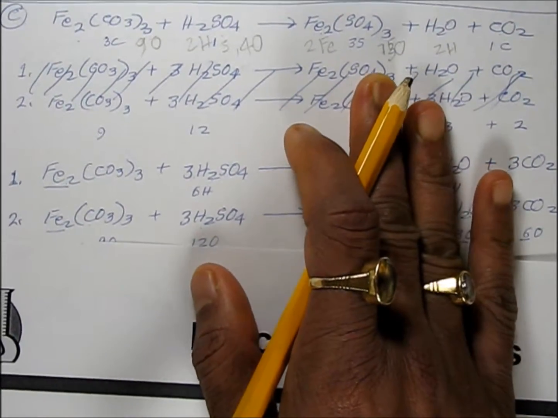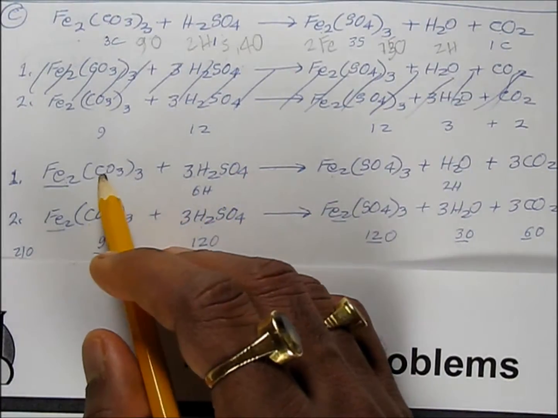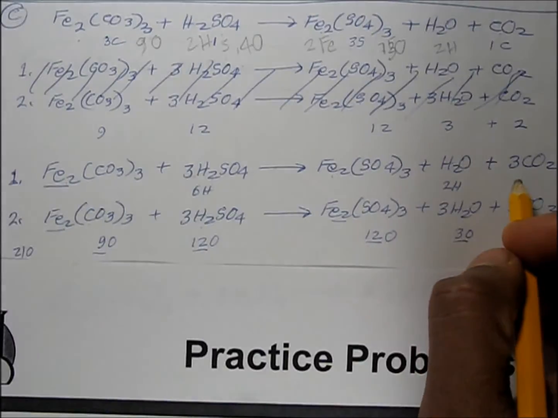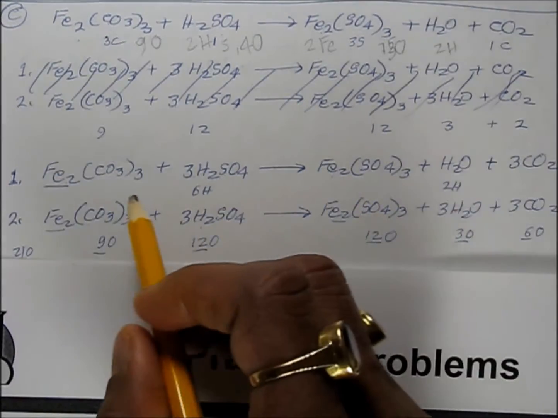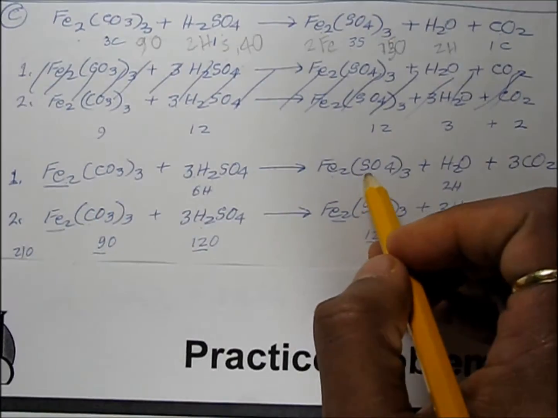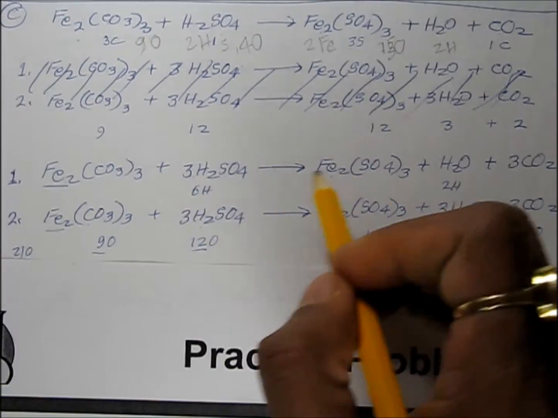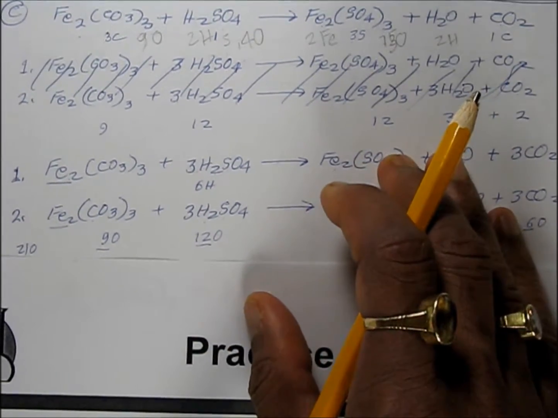So now we can count. So 3 carbon this side, 3 carbon this side, iron 2 this side, iron 2 this side, and then sulfur 3, sulfur 3. Now the only thing remaining is hydrogen and oxygen balancing.